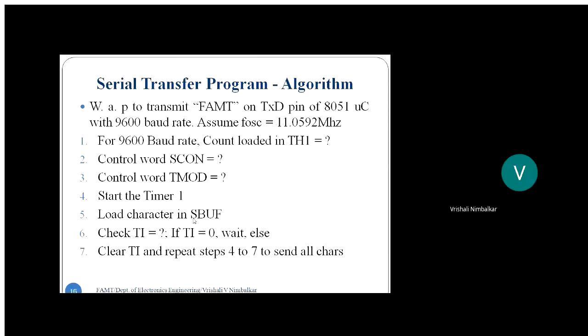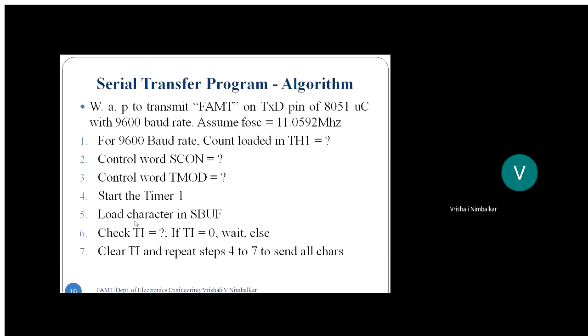For the first character F, the ASCII code of letter F should be loaded in SBUF. As soon as we load it, one by one on the TXD pin: first the start bit, then the D0 bit, D1 bit, and so on, till the D7 bit and the stop bit.